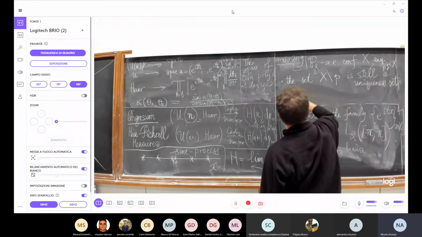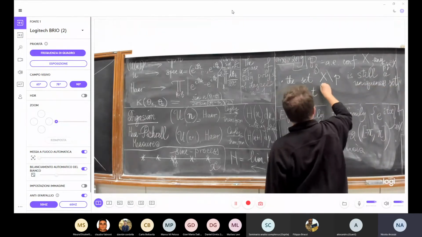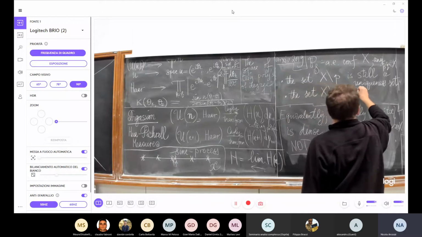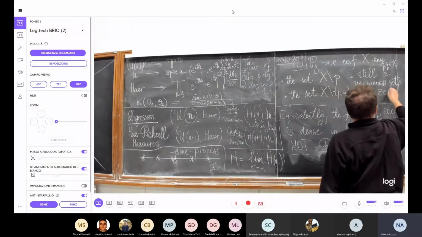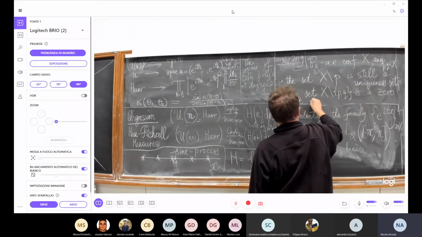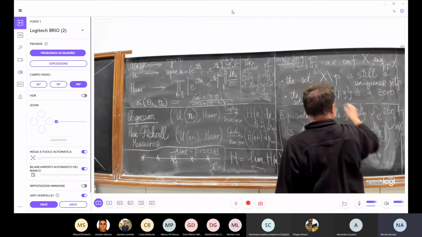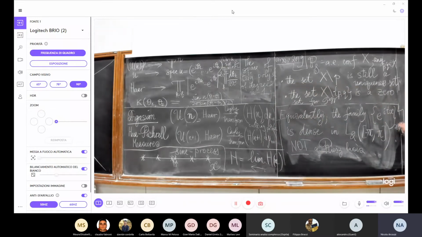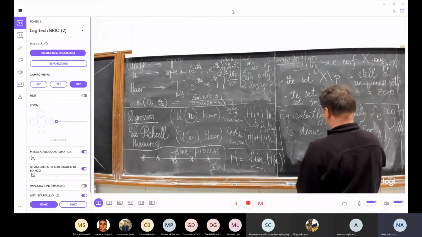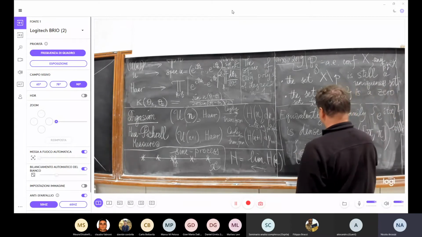Whereas the set without two particles is not anymore. It is a zero set from the Paley-Wiener space. And equivalently, the family e to the itx, x in X without p, so without one exponential, is still dense, but without two exponentials, not anymore.